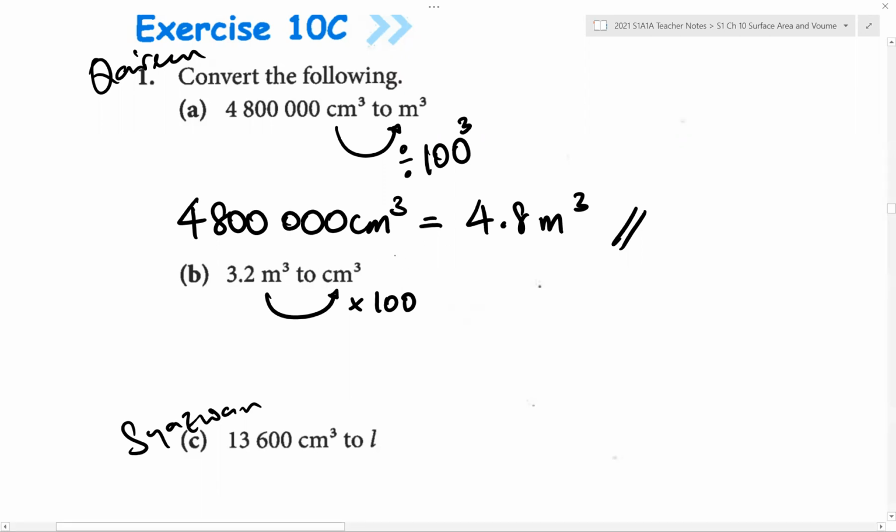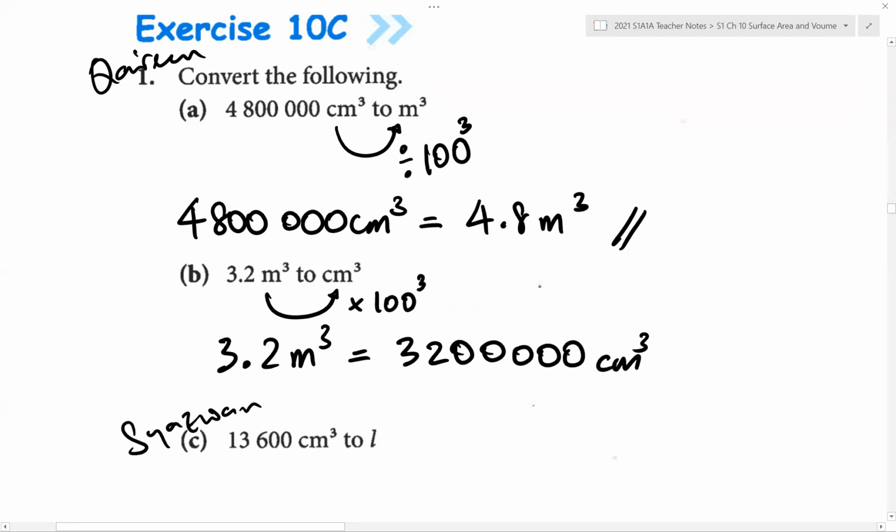But the question says meter cube to cm cube, so times 100 cube. And what is your answer? How many zeros? Correct. So 3, 2 with 5 zeros.